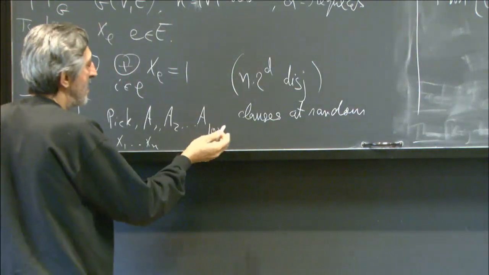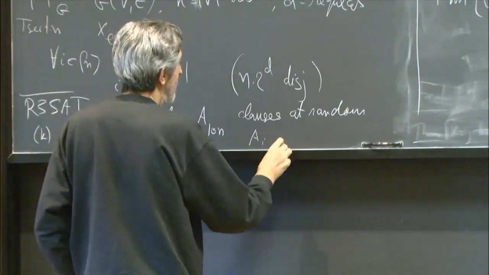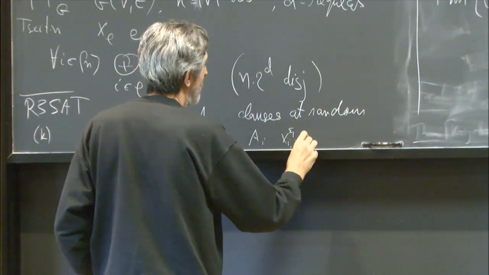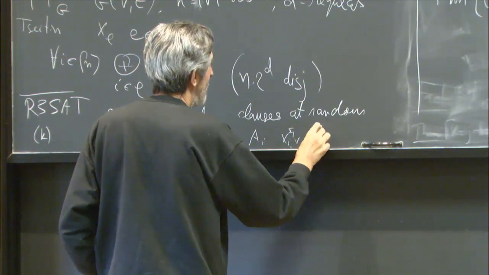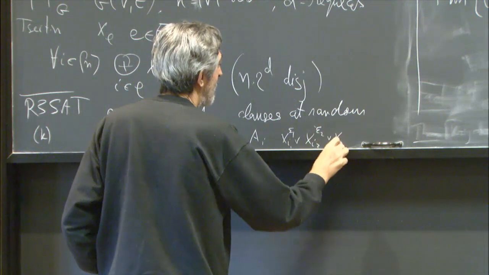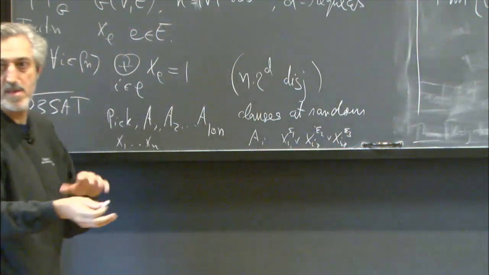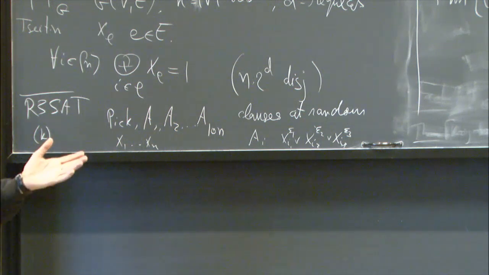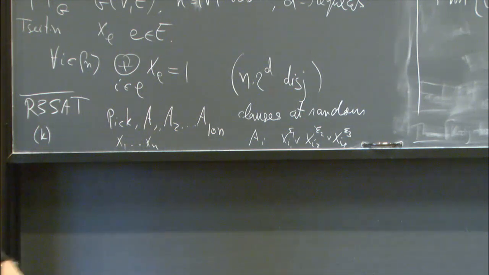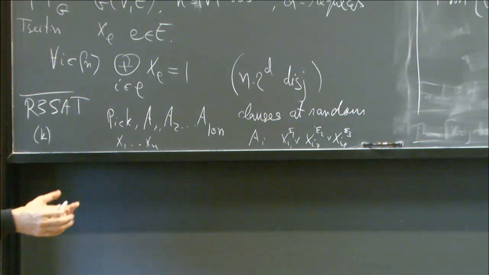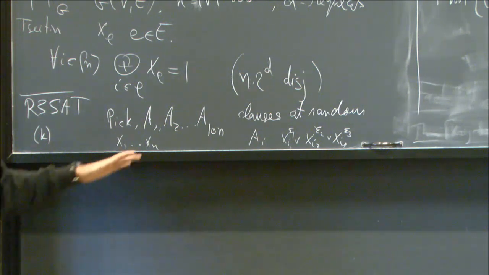So each Ai is x_{i1} with epsilon 1, or x_{i2} with epsilon 2, or x_{i3} with epsilon 3. These epsilons mean it's negated or not negated. Arbitrarily at random, you pick the indices and the negations at random. Pick 10n of these. What do we know about this?